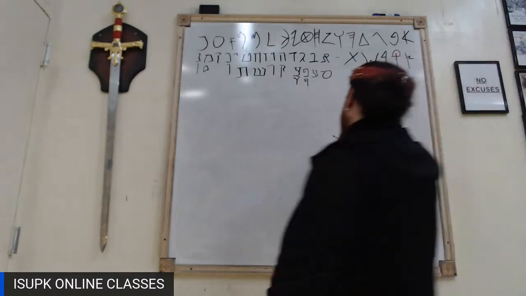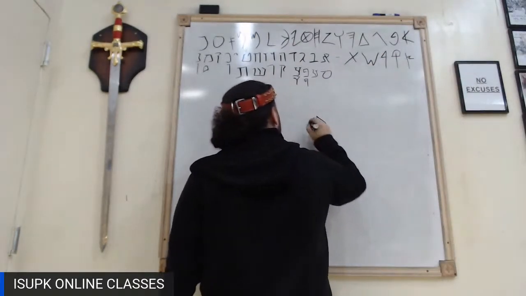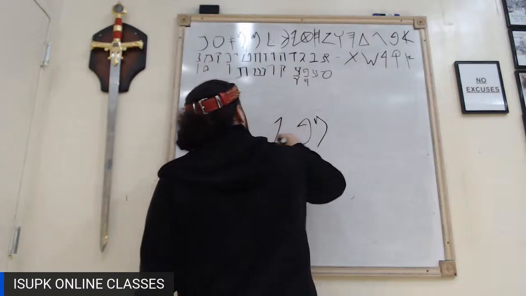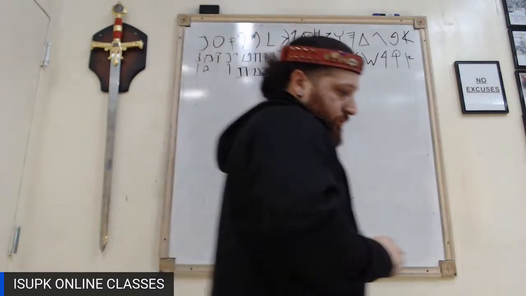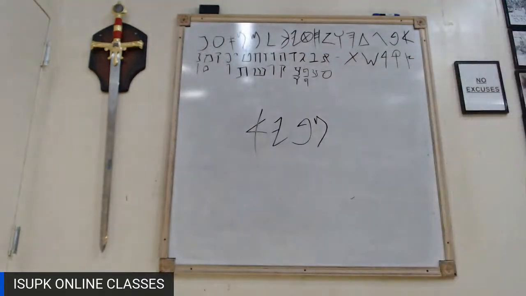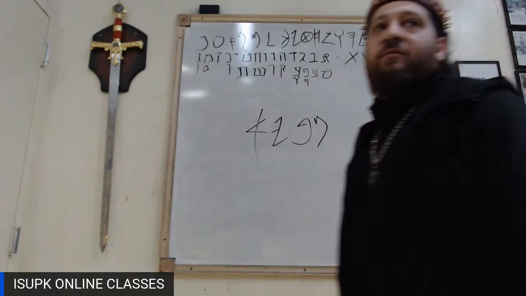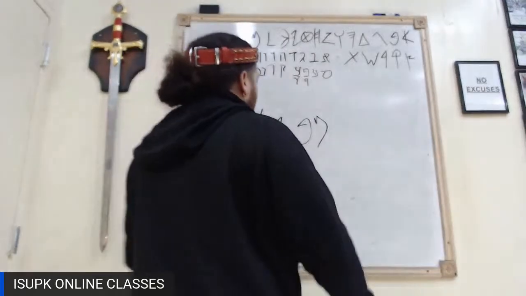What was the word for prophets earlier? The word prophets. Navi. Navi is prophet.